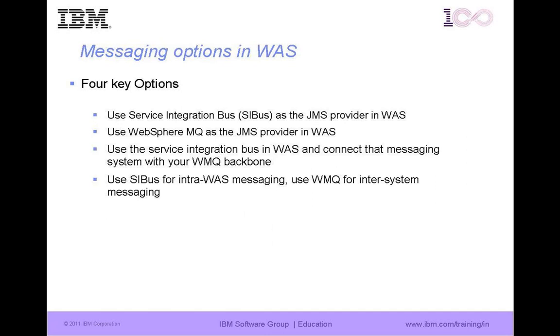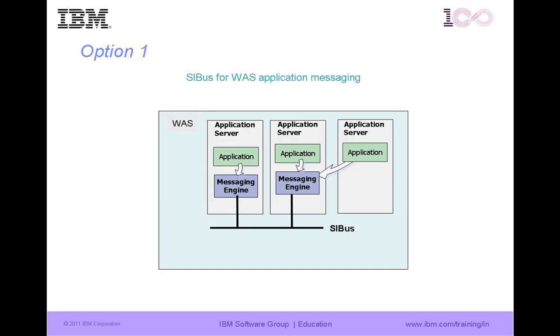The second, to use WebSphere MQ as a JMS provider in WAS. The third being, we will use service integration bus in WAS and then connect the messaging system to the backend WebSphere MQ. And the fourth option is, we'll use SI bus for all intra-WAS messaging and use WebSphere MQ for inter-system messaging. Let's look at what each one of these options means to us.